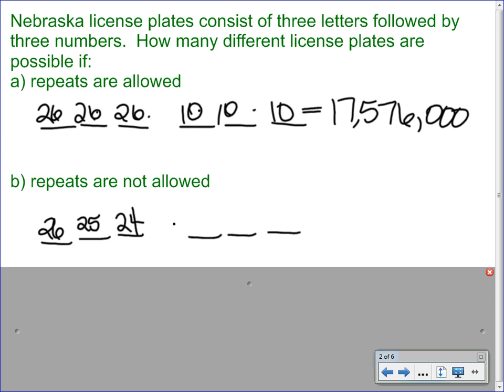Now our digits. We haven't used any digits, so for our first digit, how many options? 10. Times 9, times 8. How many choices does this create? 11,232,000. Significantly less, right? It's amazing the difference between having repeats and having no repeats.